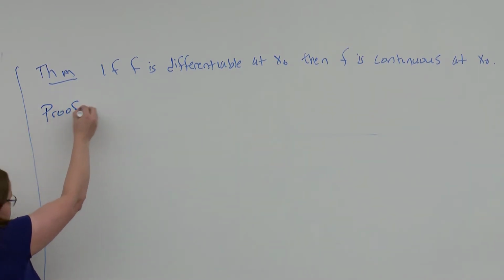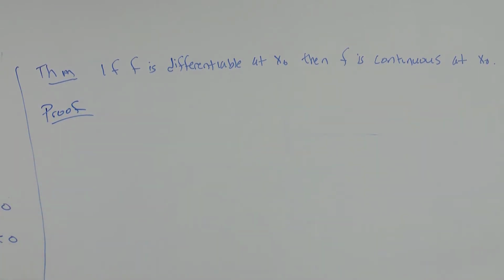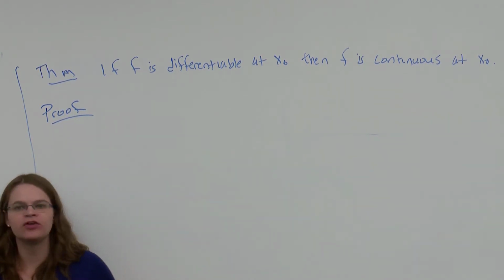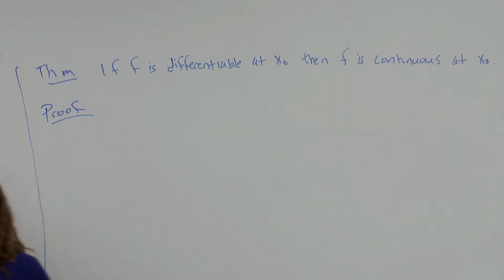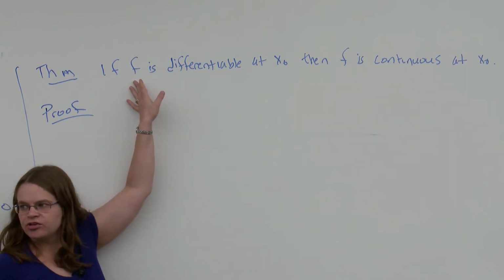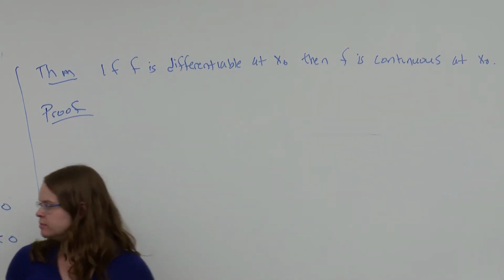So let's try to prove this. I'm going to start the way I always start and try to write down what I know. The one thing that I know is that this function has a derivative at x naught, right?